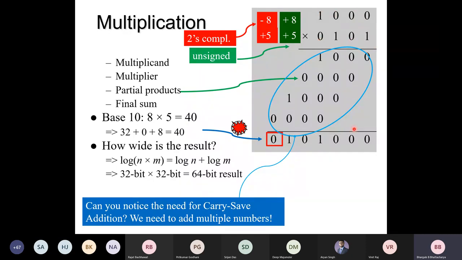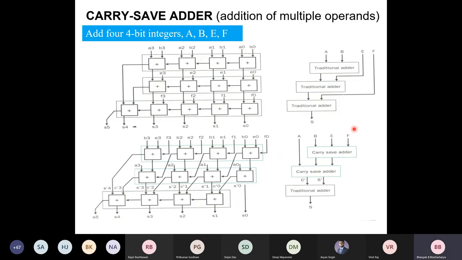So I need an array of AND gates, an array of full adder blocks, and to interconnect them appropriately so that the resultant product is produced at the output. Let us see how I should map it into hardware. We just studied carry save, and we have noticed that the use of carry save addition would expedite the multiplication time here.